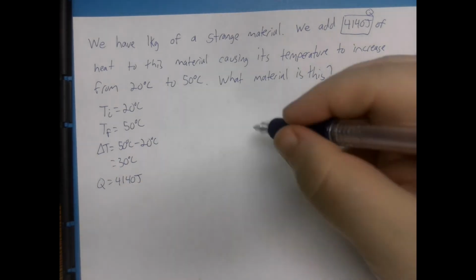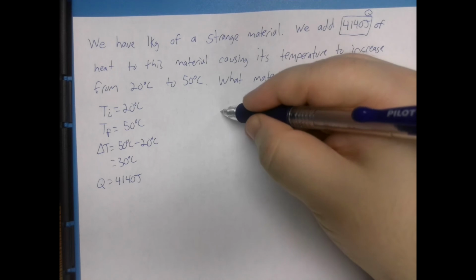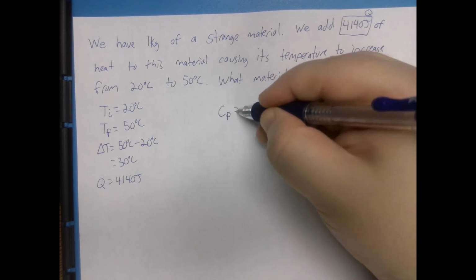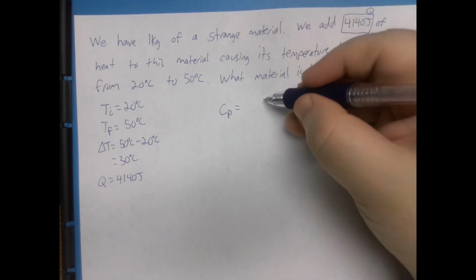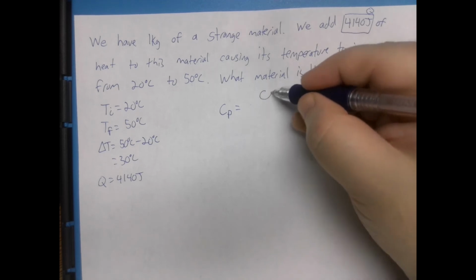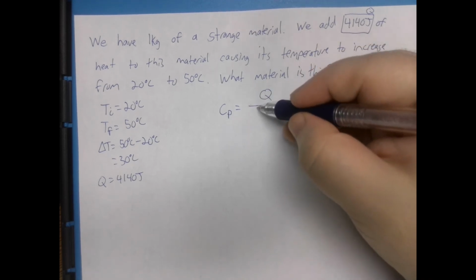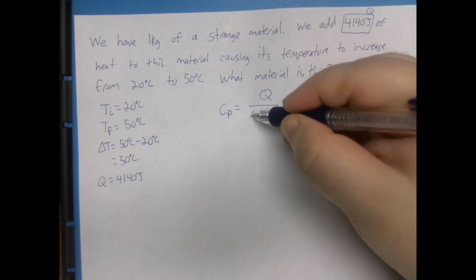We can identify material by specific heat. So specific heat would be equal to Q divided by mass times change in temperature.